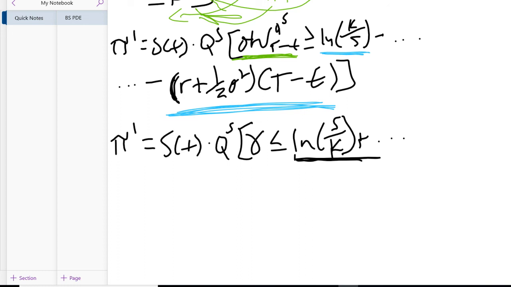That's the result of being under Q^S, all over sigma root (T minus t).